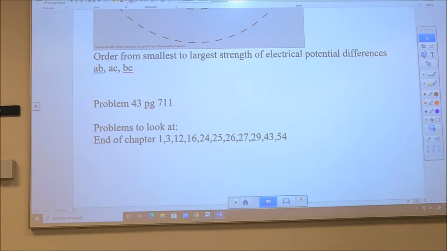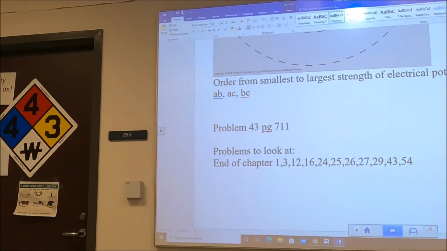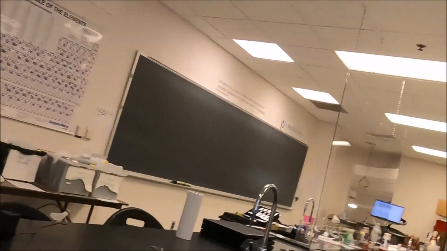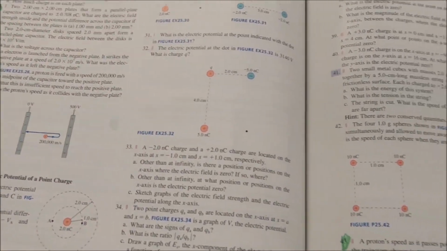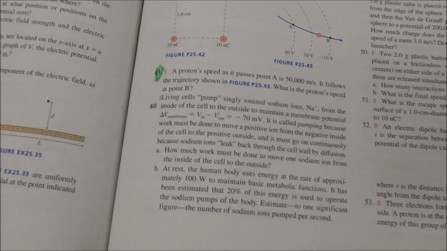So let's look at problem 43 at the end of the chapter. Now, I'm going to be a little lazy here. Let's look at problem 43.